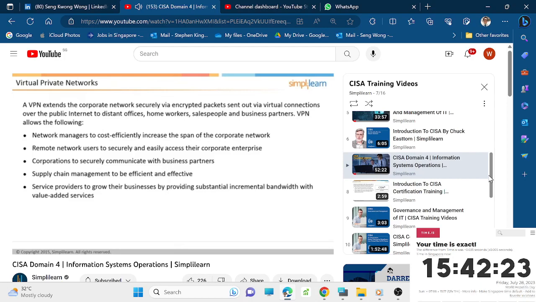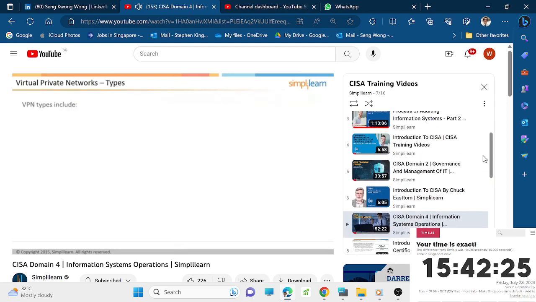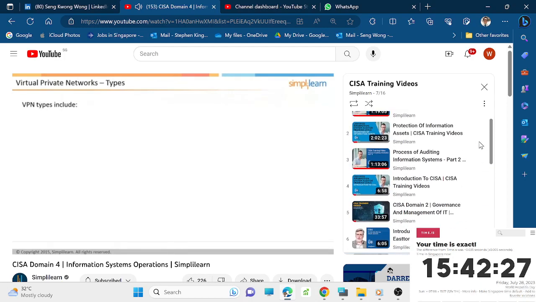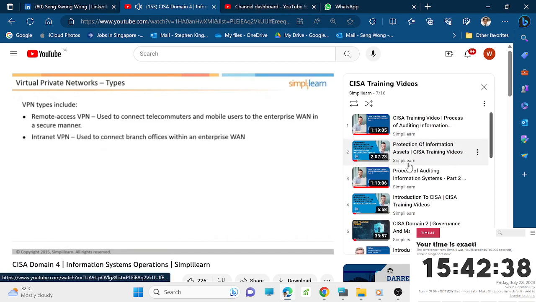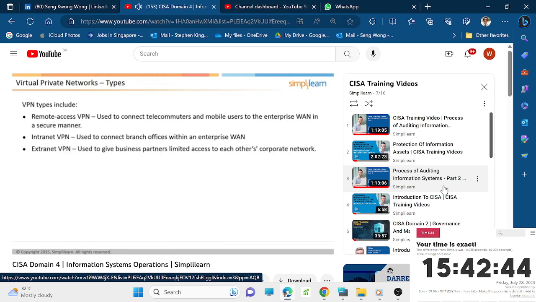The following screen lists VPN types. The different types of virtual private networks include Remote Access VPN, which is used to connect telecommuters and mobile users to the enterprise WAN in a secure manner; Internet VPN, used to connect branch offices within an enterprise WAN; and Extranet VPN, used to give business partners limited access to each other's corporate network.